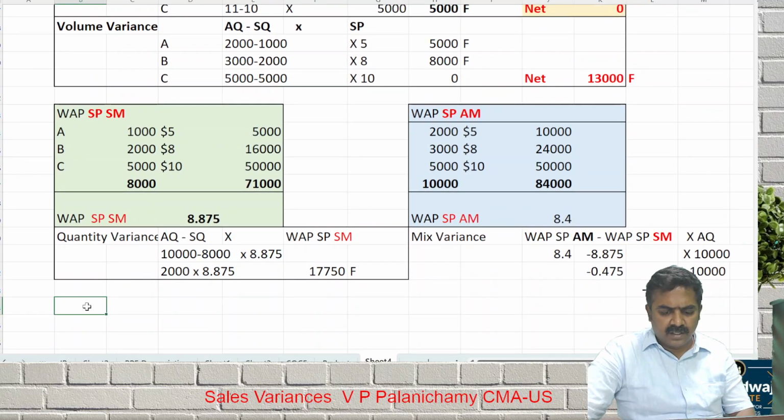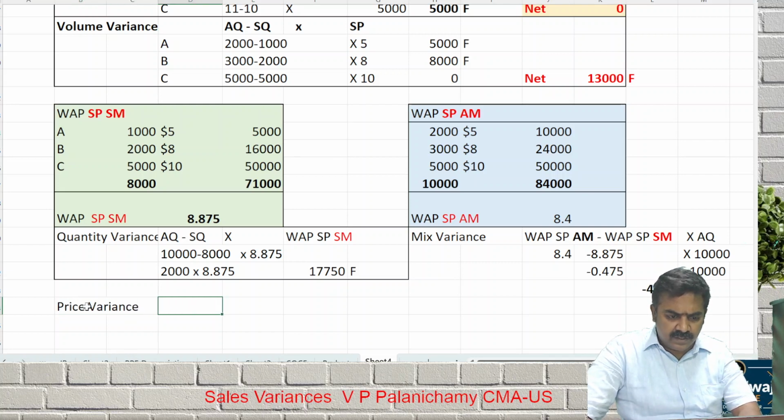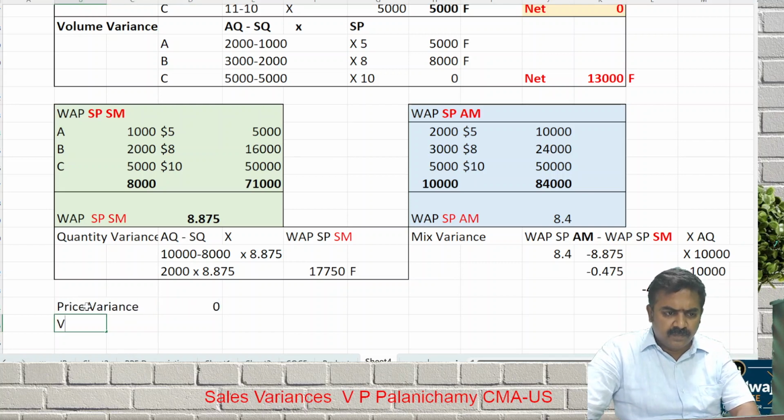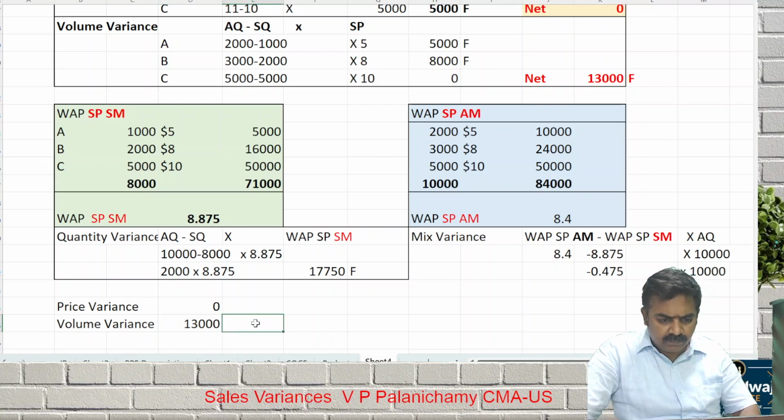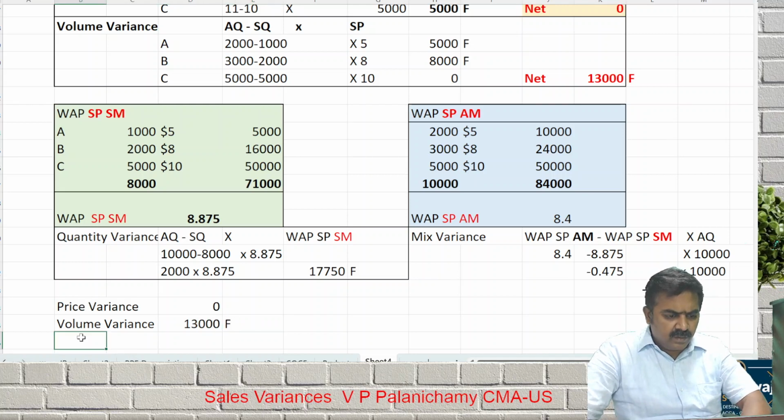So let me consolidate the answer. What is the price variance? Price variance is 0. What is volume variance? 13,000 favorable. That is why we got total sales variance that we saw initially, 13,000 favorable.